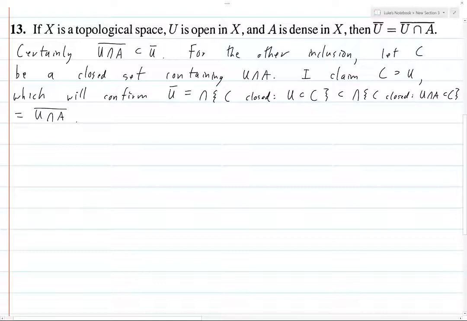Okay, and why does this inclusion that I've written here hold? If we prove that every closed set containing U intersect A also contains U, then this collection here will be a subset of this collection here.